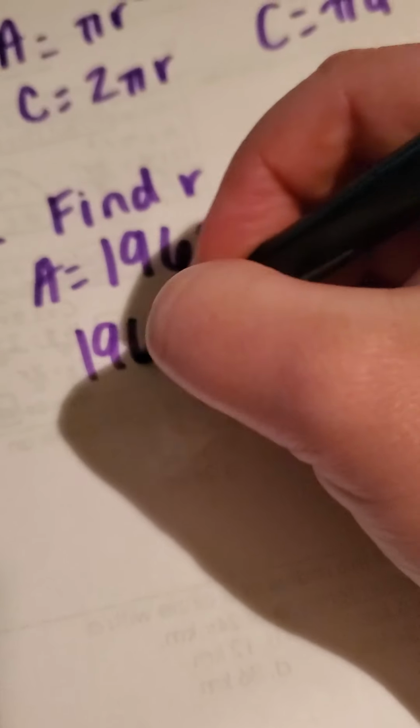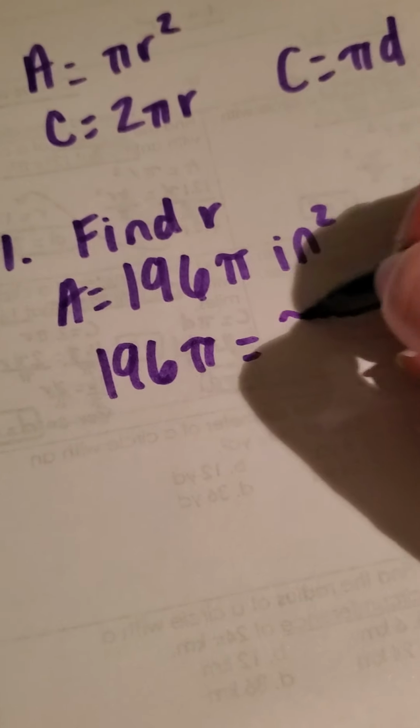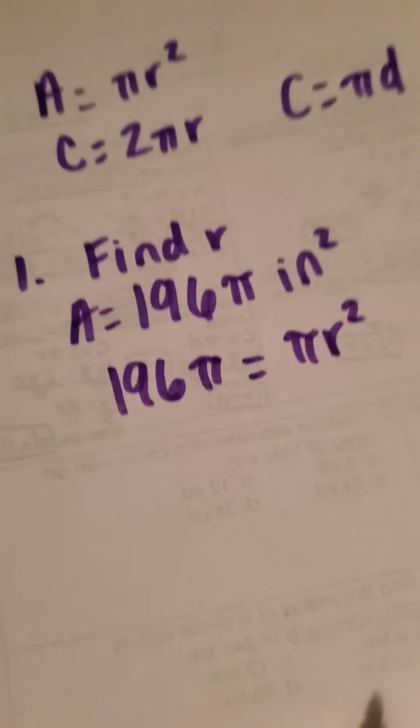It's just your units on there. So I'm looking at this 196 pi, which is my area. So I know I'm going to use the area formula. And because I know the area, I'm going to put that in for A. So 196 pi is equal to my formula, pi r squared.